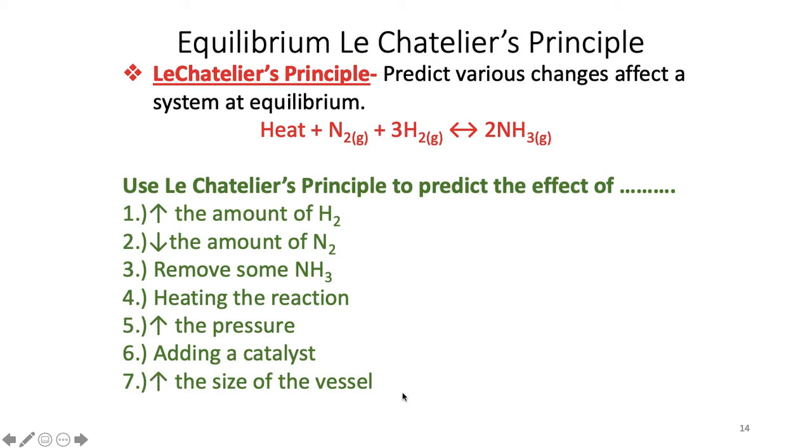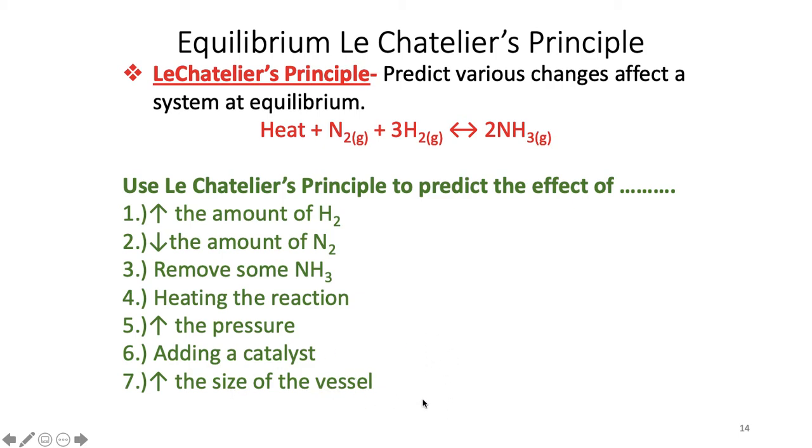What happens if I increase the size of the vessel? So now, if I'm increasing the size of the vessel, what am I doing? I am increasing the volume. We're talking about gases now. If I increase the volume, due to Boyle's law, we know that I decrease the pressure.